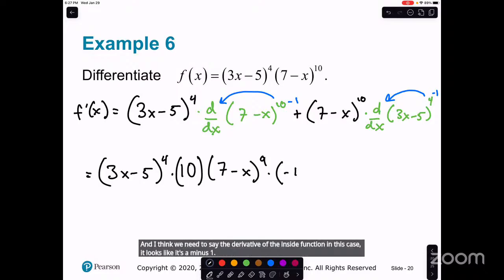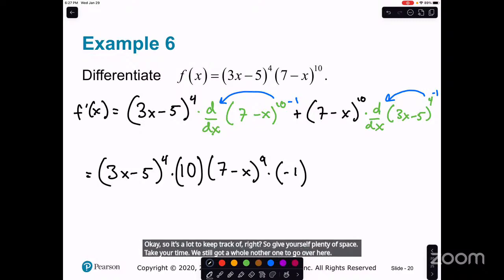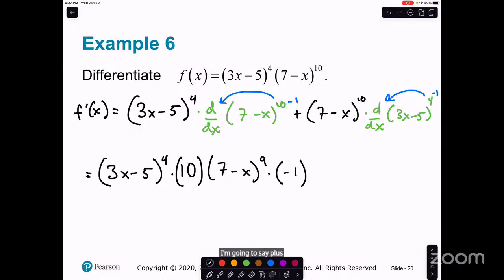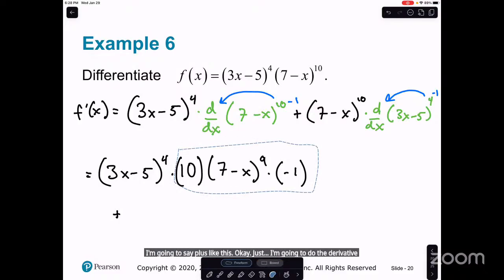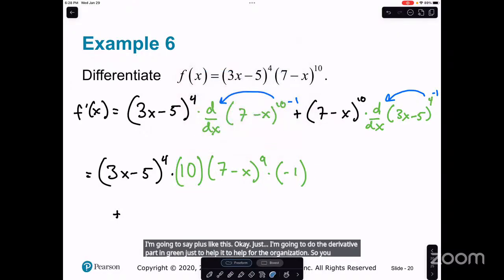Okay, so it's a lot to keep track of, right? So give yourself plenty of space. Take your time. We still got a whole nother one to go over here. I'm going to say plus like this. I'm going to do the derivative part in green just to help for the organization. So you know that that's what we took the derivative of.